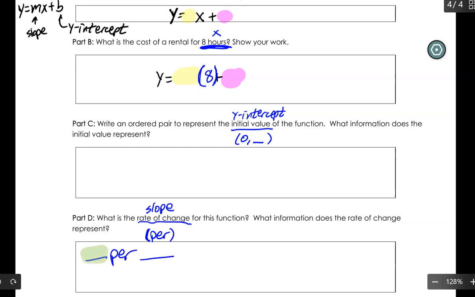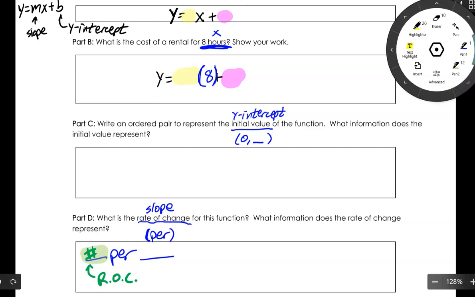This is a number, and this is a number. That's the rate of change, that's the number I want. If it's $10 per something, or $5 per something, that 5, that 10, that's your rate of change. So again, you are looking for a number for your rate of change.